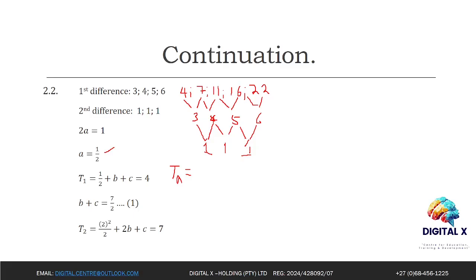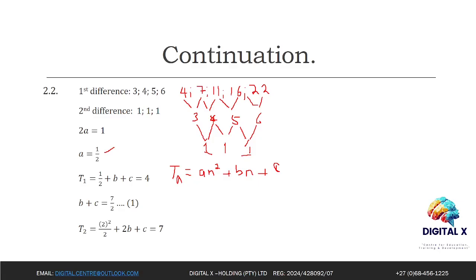Our formula for determining the nth term of a quadratic sequence is given by this, with c being the constant number.